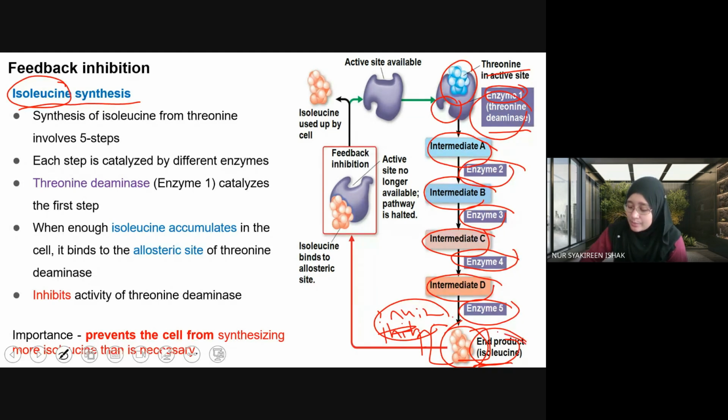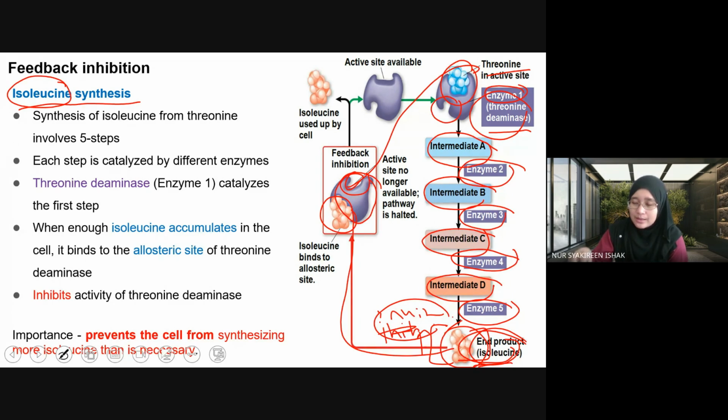So the end product, isoleucine, binds to the allosteric site of the first enzyme, causing the enzyme to change shape. The active site changes shape and the substrate cannot bind. So this stops the reaction for a while, only temporary. The effect is temporary, so it is reversible.